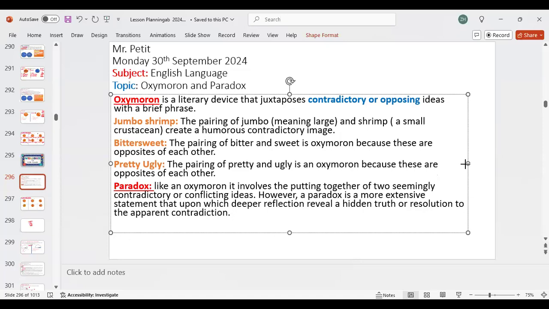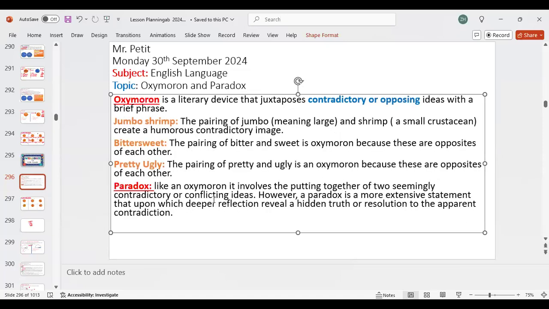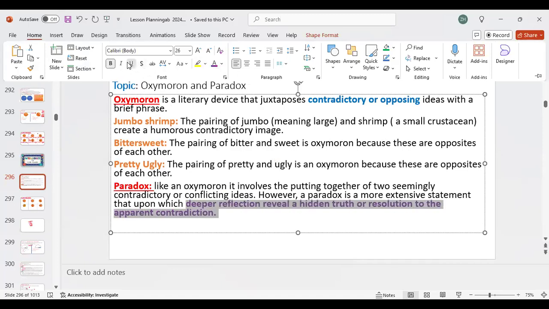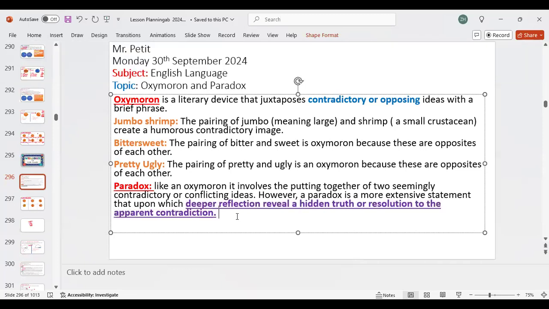So a paradox sounds wrong, like it sounds opposite, but when you really think about it deeply, it'll make more sense. It's easy to distinguish paradox and oxymoron. A good way to know is that a paradox is typically longer than an oxymoron.